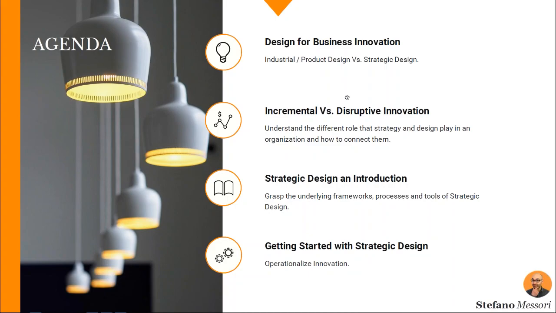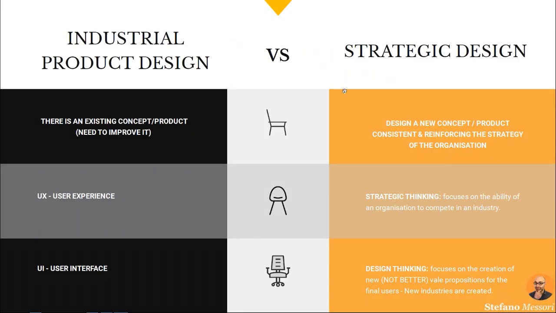What is the difference between what we call industrial or conventional product design and strategic design? In order to get started, I want to say that when we historically think about the impact that design had in business, we think about industrial design.